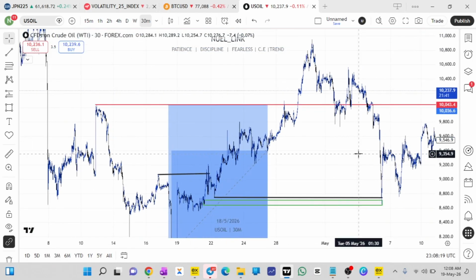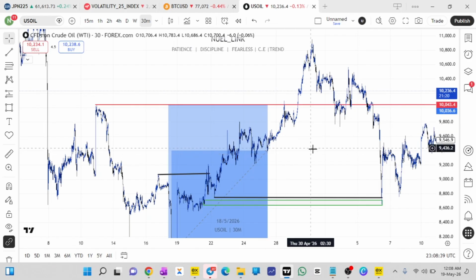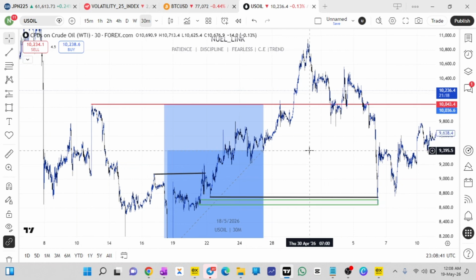You don't just take a trade based on what you think the market wants to do. Each pair has its movement, but sometimes it changes movement. So you just have to know when price has changed the type of way it's moving.